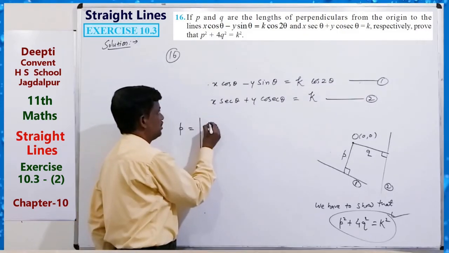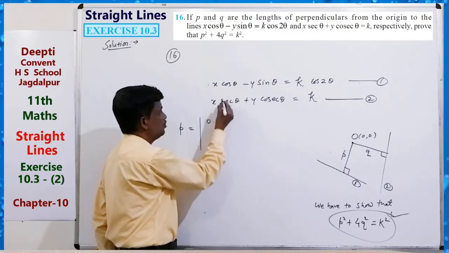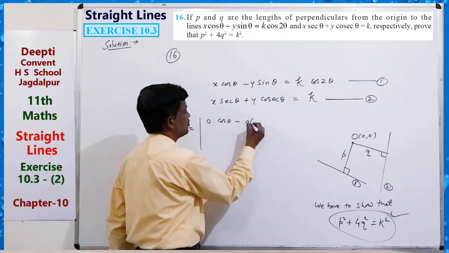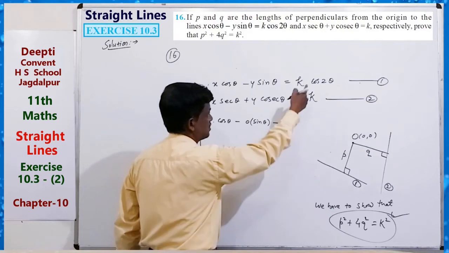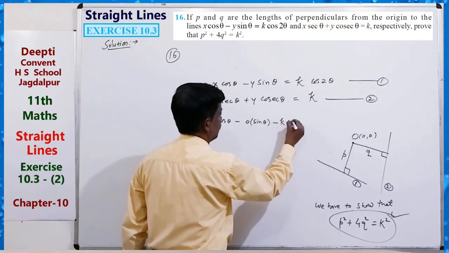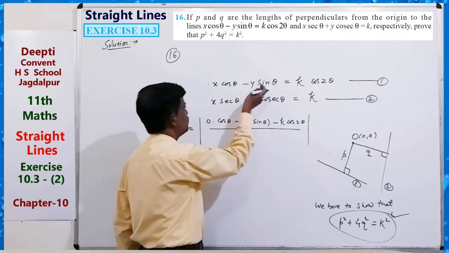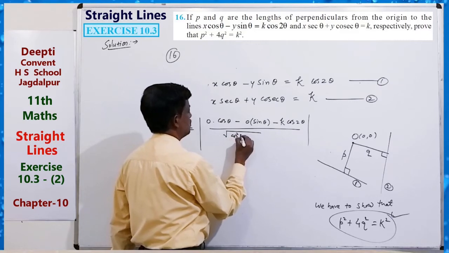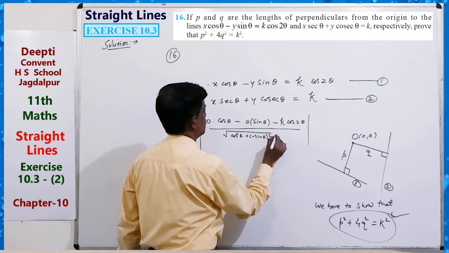Just the equation, right? X in place of x0 into cos theta minus y0 sin theta minus k cos 2 theta, upon root over the coefficients, root over cos square theta plus sin square theta.